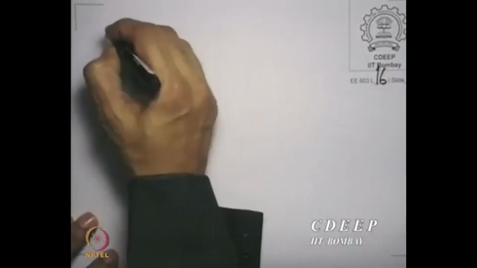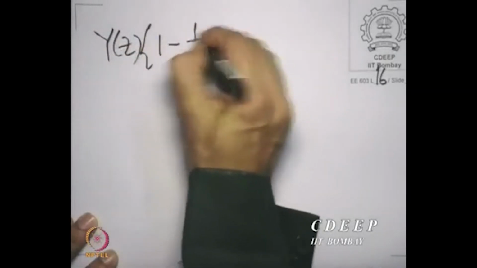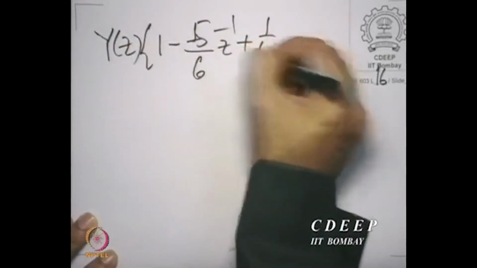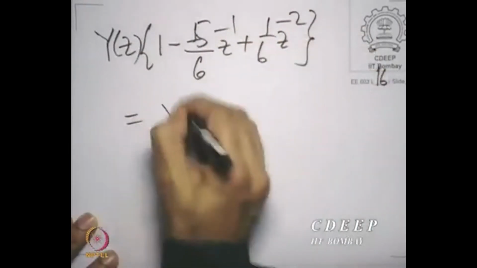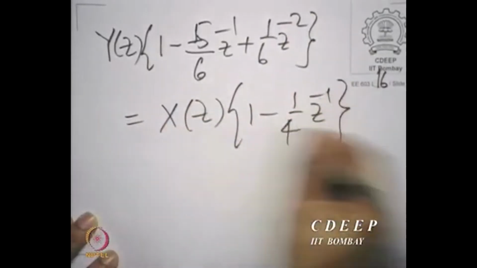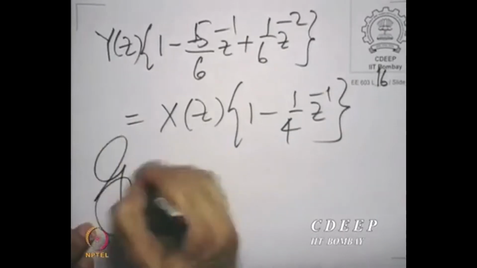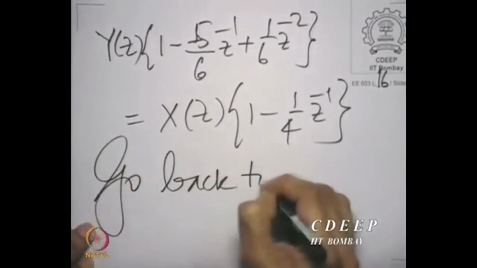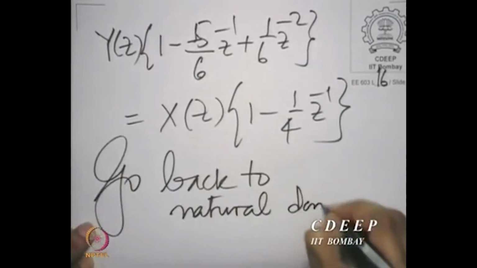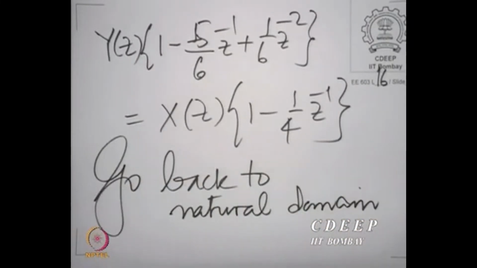We can cross multiply to get Y(z) into (1 minus 5/6 z^-1 plus 1/6 z^-2) is X(z) into (1 minus 1/4 z^-1), and we can go back to time, go back to the natural domain by taking the inverse Z transform on both sides.